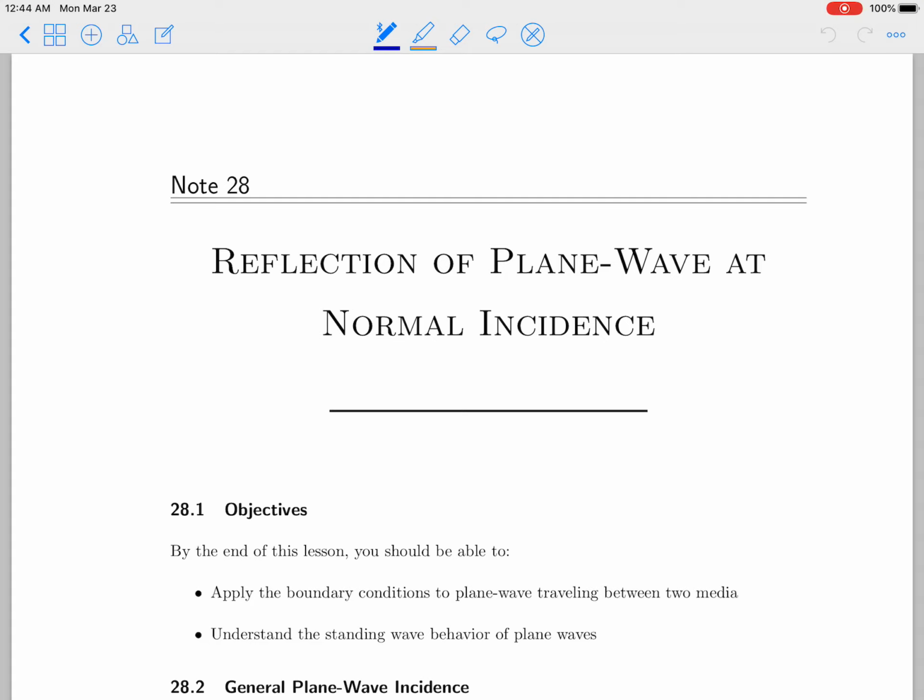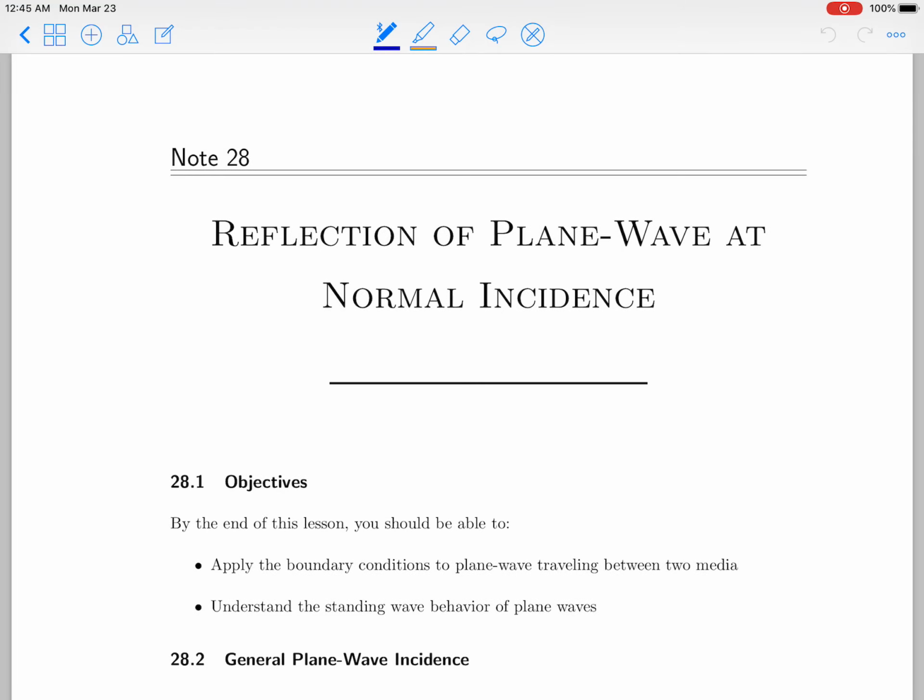In the previous lecture we talked about the Poynting vector, and in the lecture before that we talked about wave propagation in unbounded media. In this lecture we want to consider wave propagation in semi-bounded media. The wave will go from one medium, let me call it medium 1, to another medium 2.